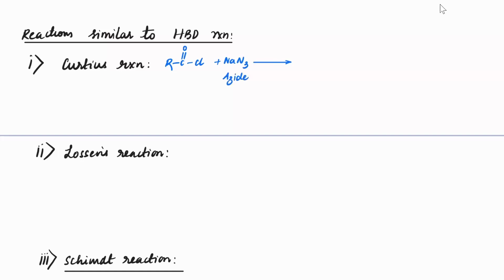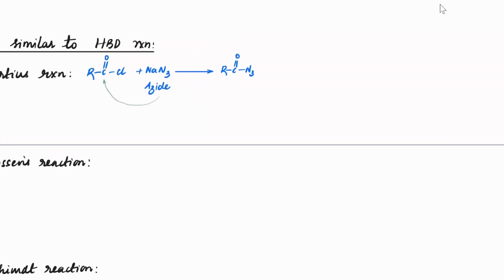Azide as a nucleophile will attack on this position and we get RC double bond O, N3. Now check the structure of it. Basically it is RC double bond O, N minus and N triple bond N plus. This entire thing is N3.